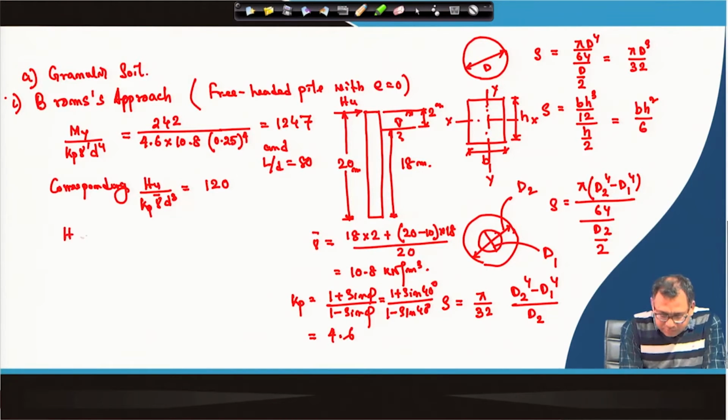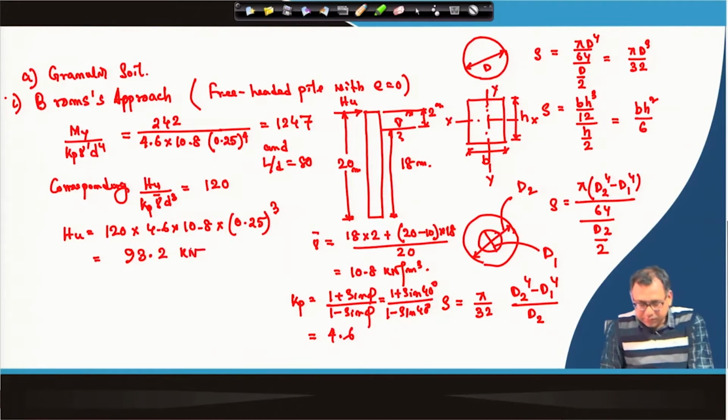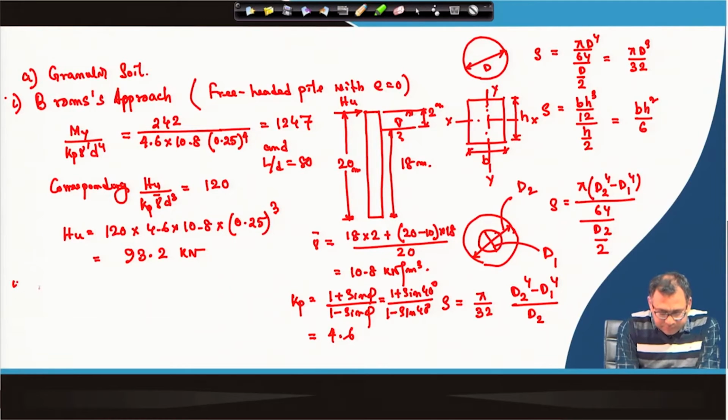So, Hu will be equal to 120 into 4.6 into 10.8 into 0.25 to the power cube. This is 93.2 kilonewton.